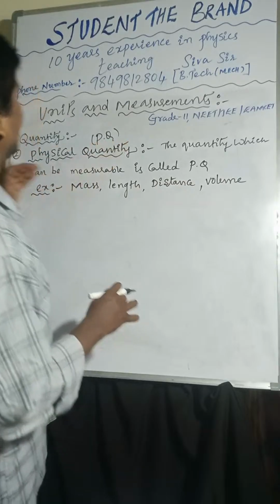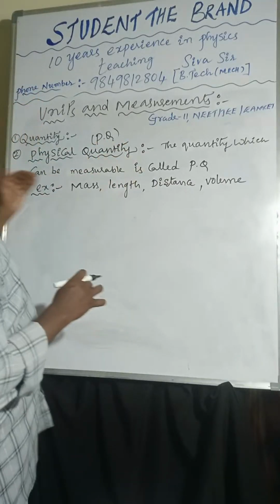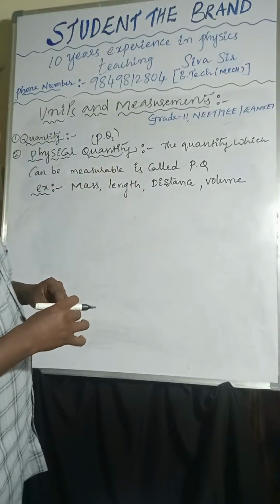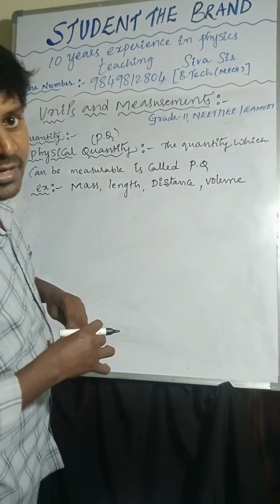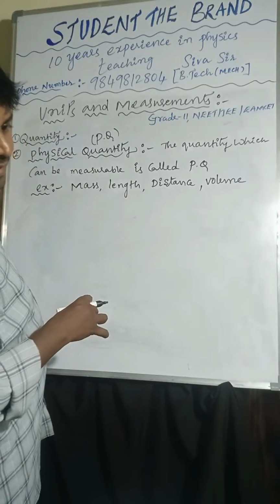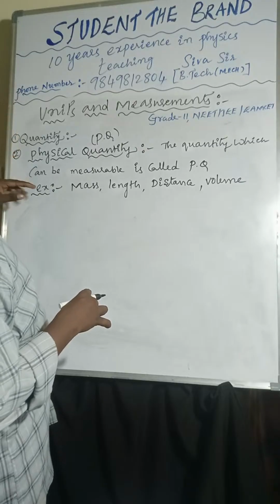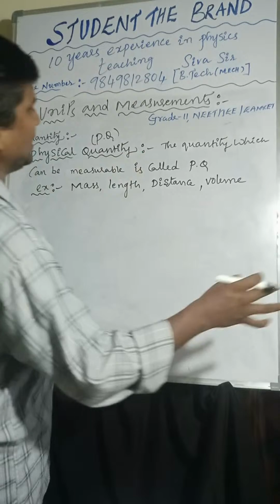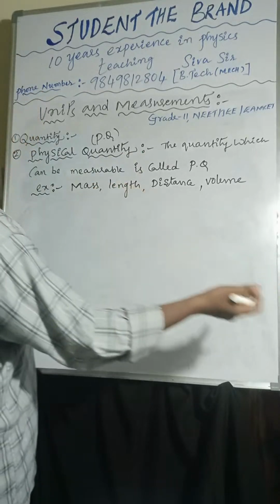The quantity which can be measurable is called physical quantity. It tells the answer for how much or how many.